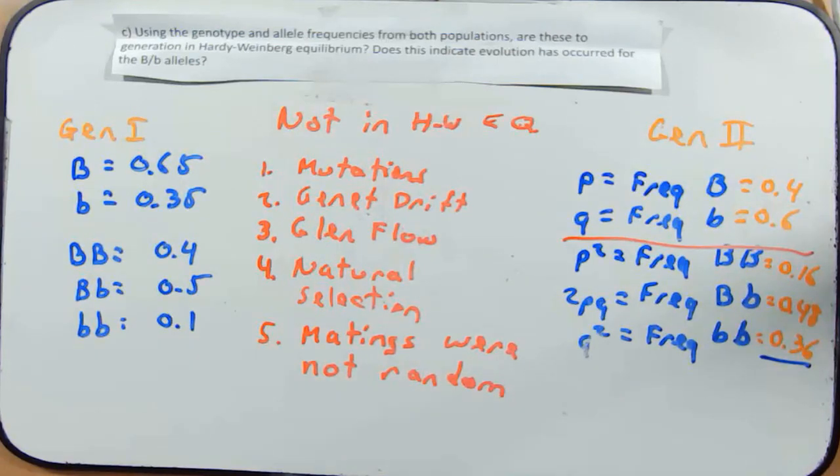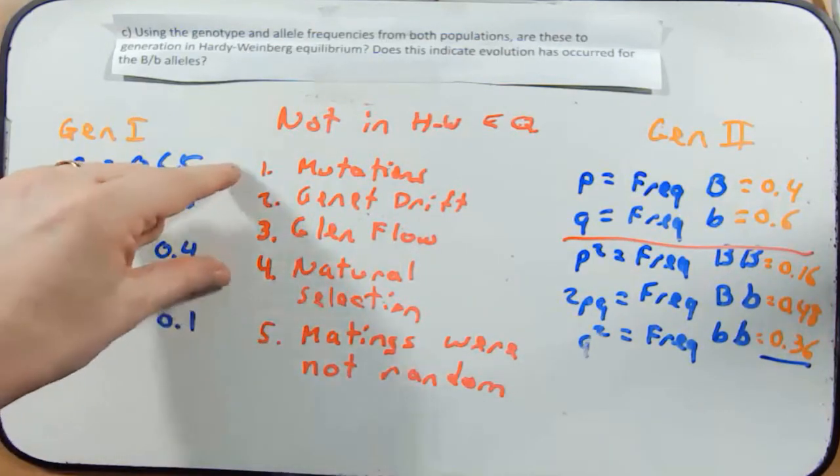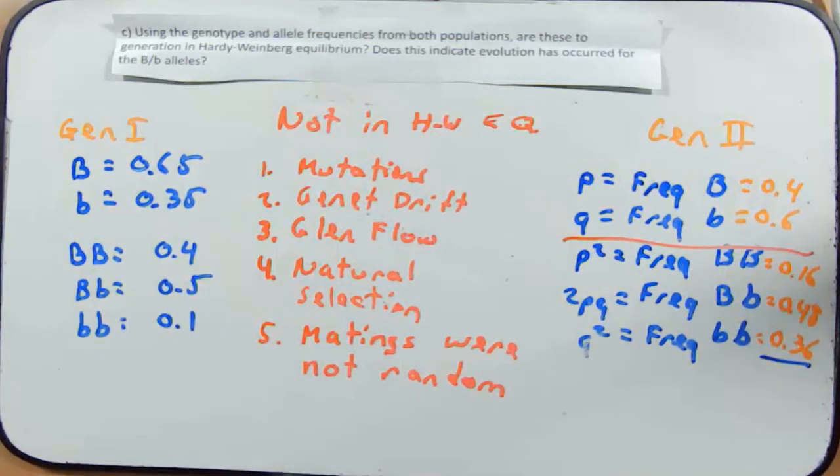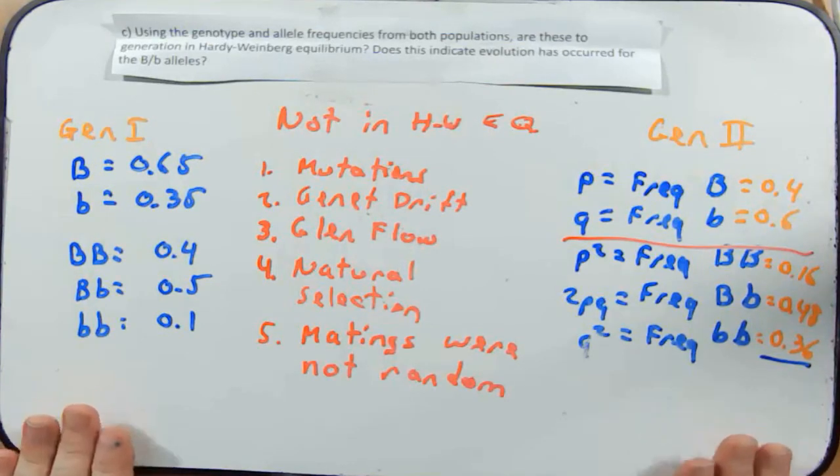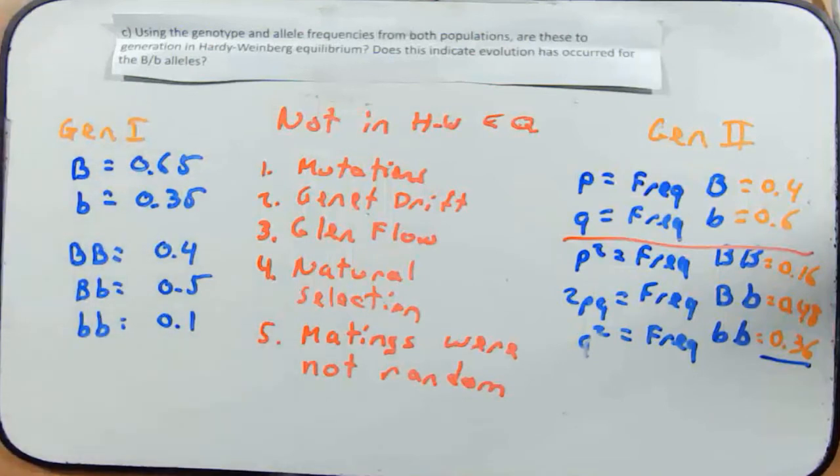So if you get a problem like this on an exam, you would come up with one or more of these depending on how many I ask. And you would just make an explanation as to how one or more of these could explain how the populations fell out of Hardy-Weinberg equilibrium. Now, I could ask you a question that gave you a little bit more information. I could say an epidemic happened in this population and it wiped out a large portion of this population.